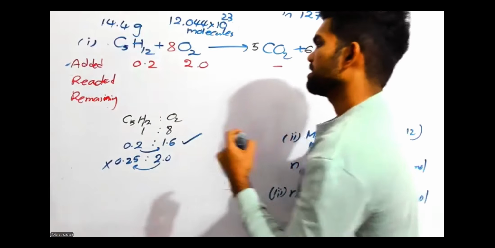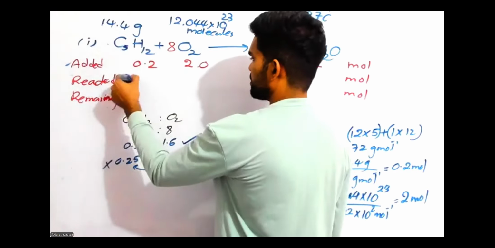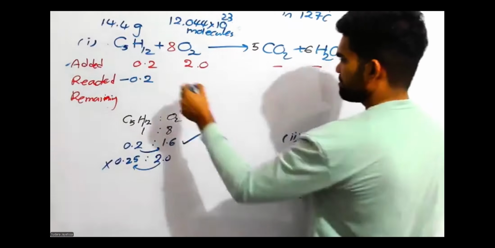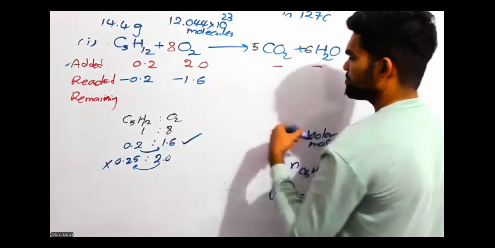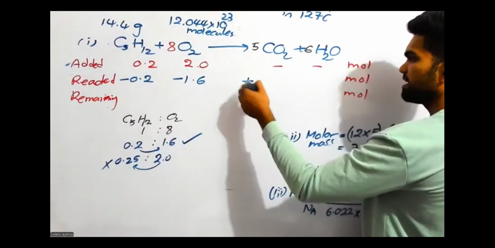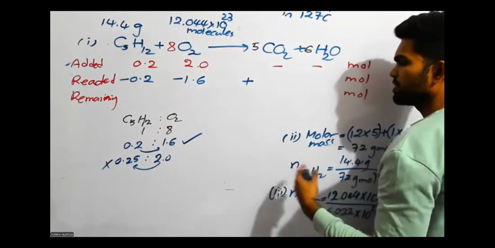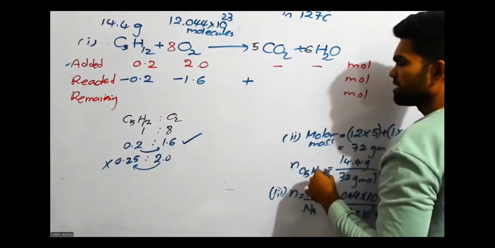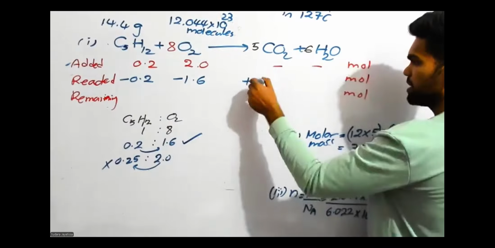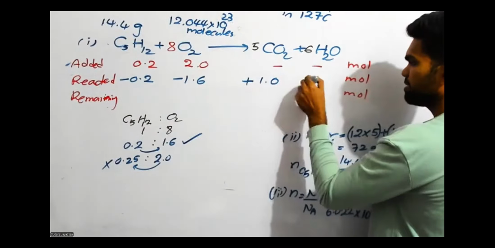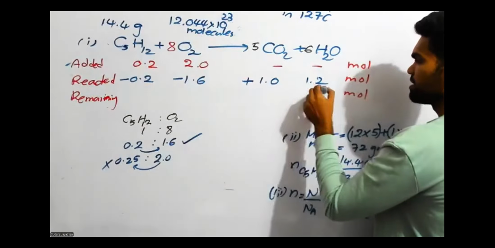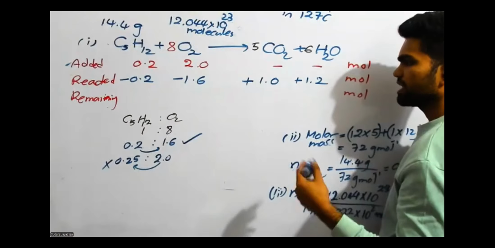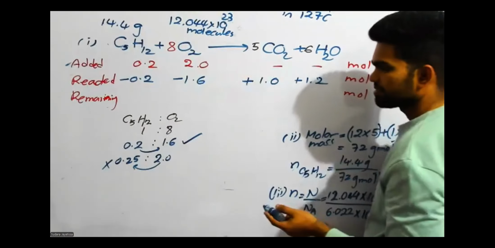According to the correct ratio, a total of 0.2 moles of C5H12 is reacting, and with that, 1.6 moles of O2 is reacting. If you work out the stoichiometry, 5 is formed from this, no? That means 1.0 mole of carbon dioxide and 1.2 moles of H2O gas are formed, because the water exists in the gaseous state.